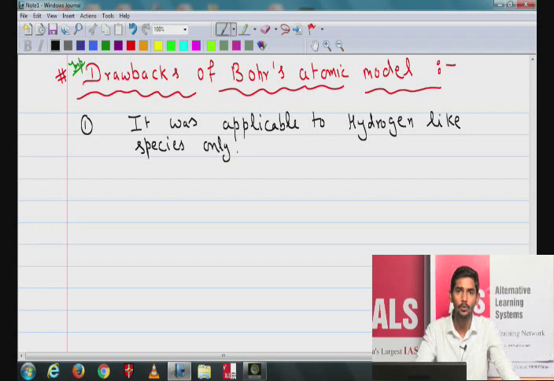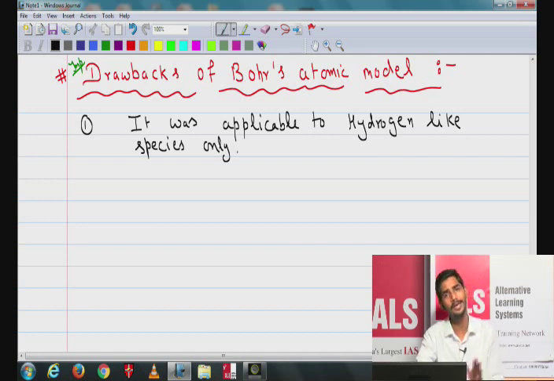That's why, if you observed, I was either using hydrogen or ions. If we talk about the helium ion, helium actually contains 2 electrons, but I was using the He+ ion. He+ means what? Helium has lost 1 electron, so now it is left with a single electron. That's why we can use the results derived by Bohr. Similarly, for lithium, I was writing Li2+, which means Li2+ has a single electron.